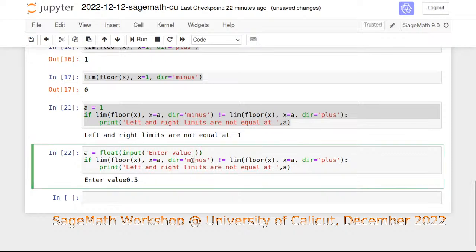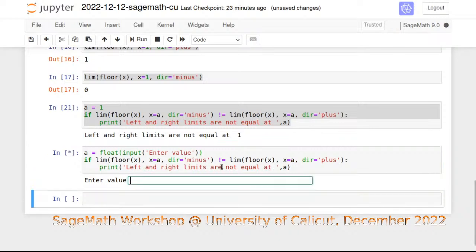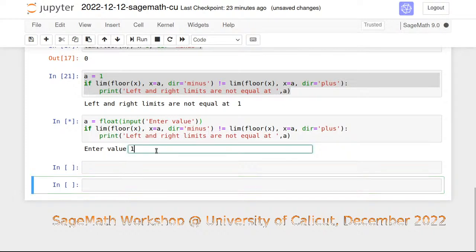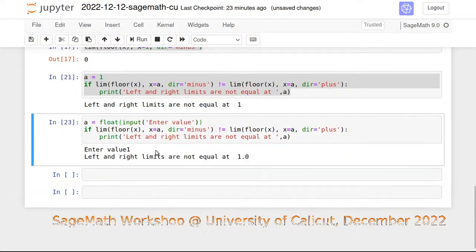Didn't it print? Okay. What did I do exactly? Enter value. A is accepted. Enter value 0.1. Yeah, I pressed shift enter, not the enter key. Okay, that'll work.